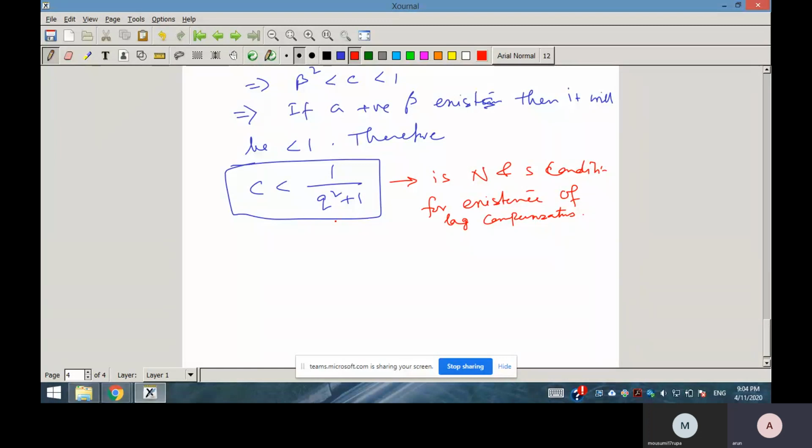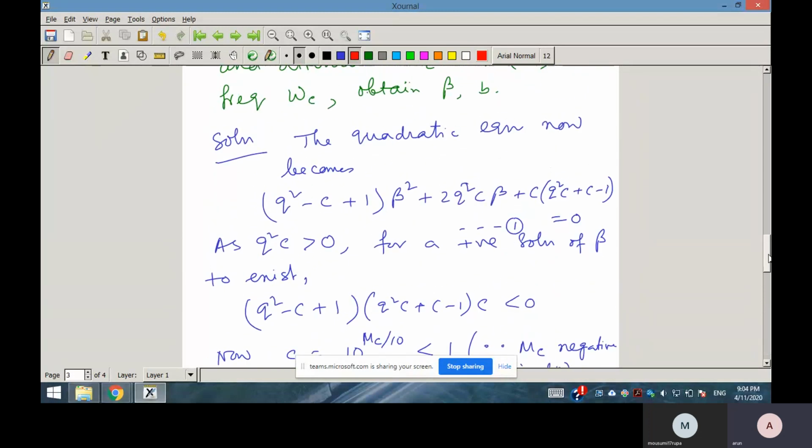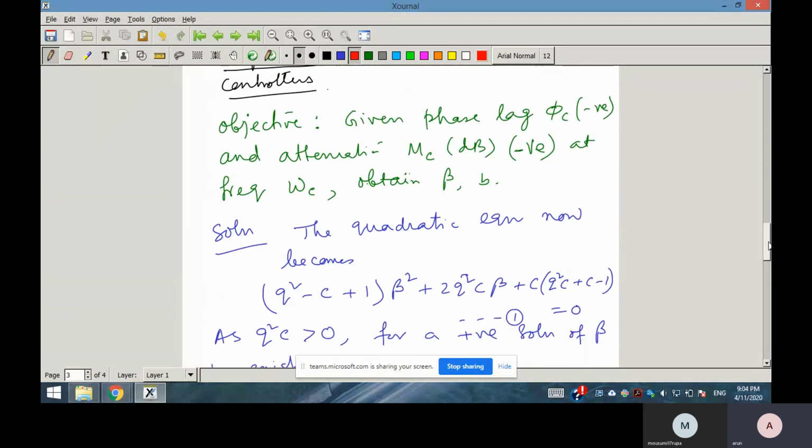Given phase attenuation and phase lag and gain attenuation at a particular frequency, we will first check whether this necessary and sufficient condition is satisfied or not. Then only the lag compensator can be designed. If it satisfies, you will solve this equation and take the positive value of beta, because a positive value of beta will automatically guarantee it will be less than 1.